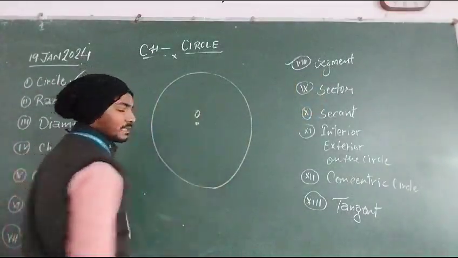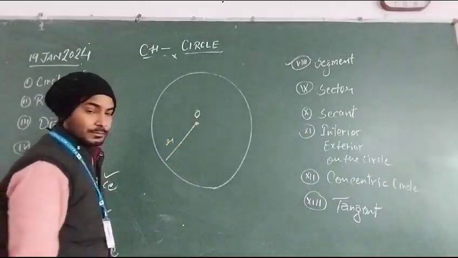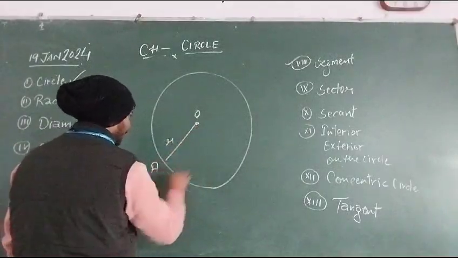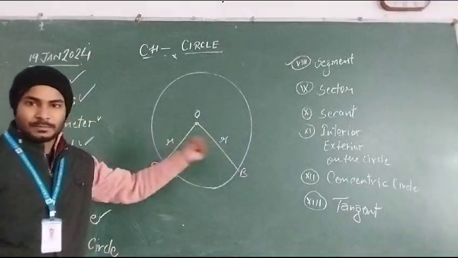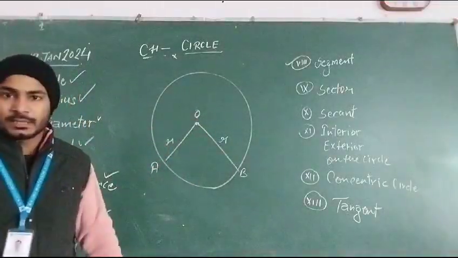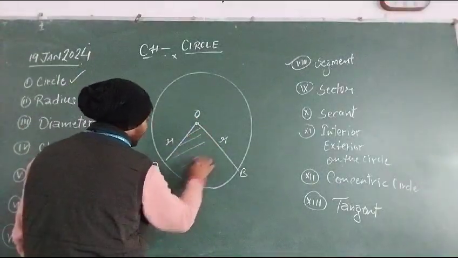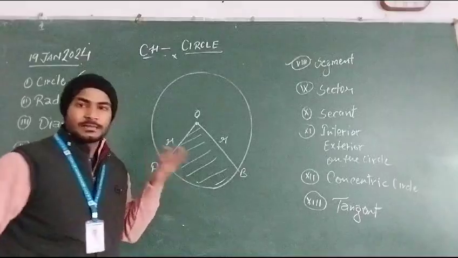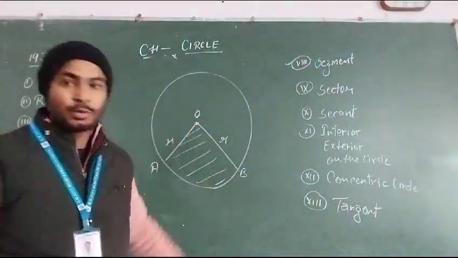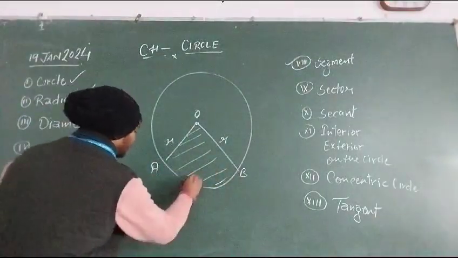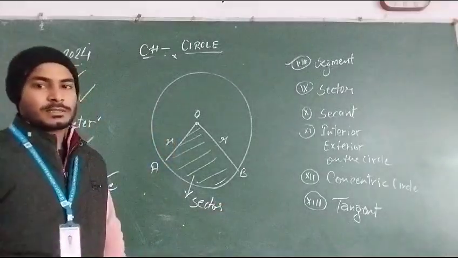Let's suppose this is the center of the circle O and this is the radius of the circle R. This is point A and this is another radius, that is also OB, meaning OA and OB both are radii of the circle. So the part of the circle that lies between two radii is called the sector of the circle. इसको क्या बोलते हैं? Sector of the circle.